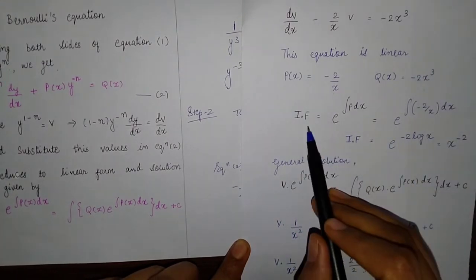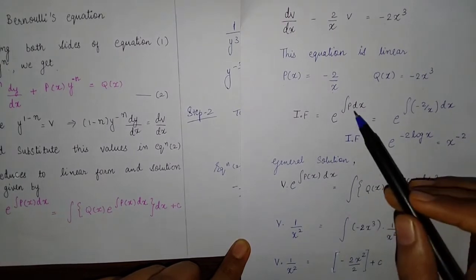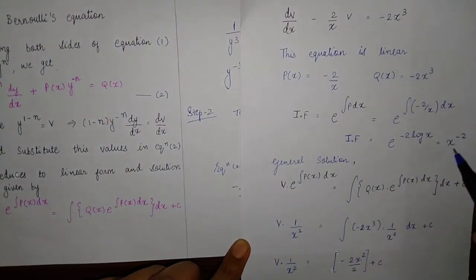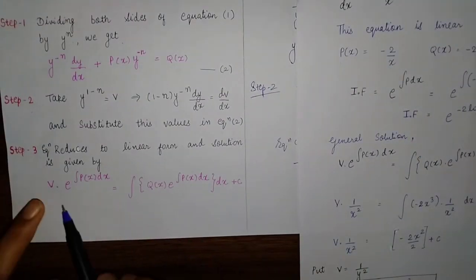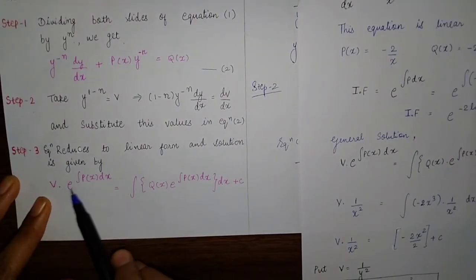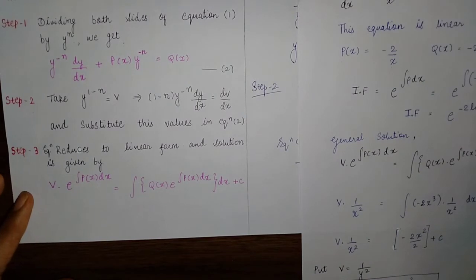From that we can find the integrating factor. Integrating factor is e raised to integral p dx, that is we will get x raised to minus 2. Why we are doing this? Because the final step is we have to substitute the value of the integrating factor here, and the values of px as well as qx.